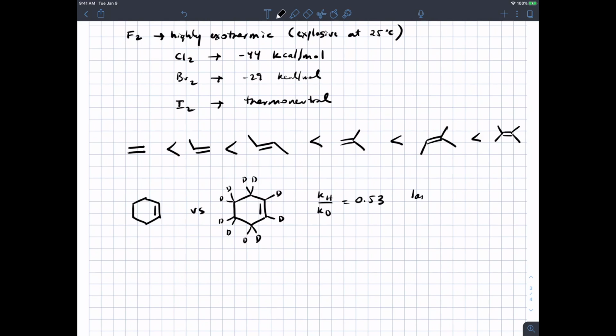This is a large inverse secondary kinetic isotope effect. We see inverse secondary kinetic isotope effects when we're going from sp2 to sp3 hybridization. Typical size for a secondary kinetic isotope effect of this kind is around 0.8. So this is bigger than that, and that's rationalized by the fact that you have two carbons undergoing that rehybridization in the transition state.